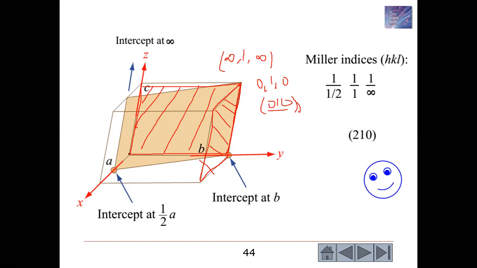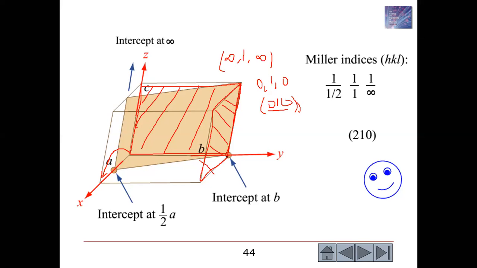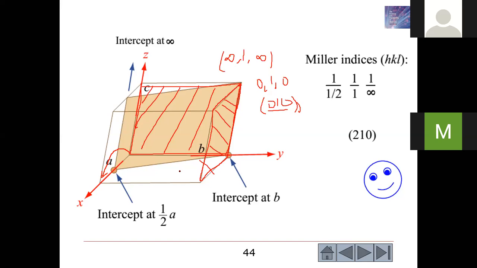So let's move the origin from there to here. Why? Because I cannot move the origin here, as the plane is also passing through this point. I cannot move it here either, because the plane is also passing through here. So I am moving it here.